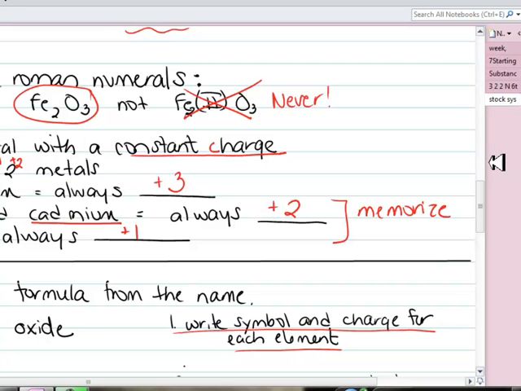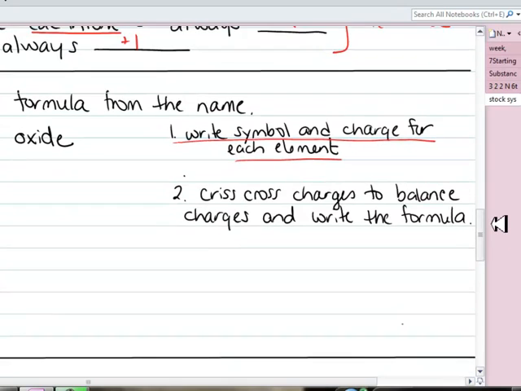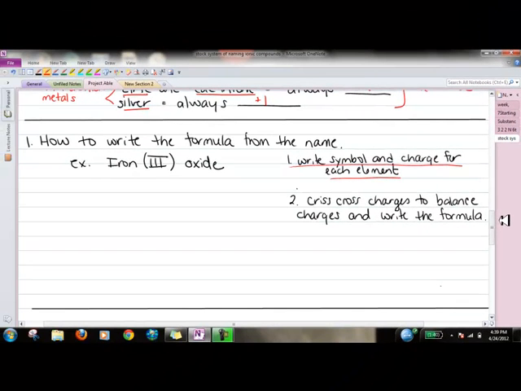Okay, now that we know what the stock naming system is, we want to make sure that we know how to use it. First thing, how to write the formula from the name. So when we're given the name of an ionic compound, it's just like we did before. We're going to write the symbol and the charge. Previously, we found the charge from the periodic table, like we do with oxygen.